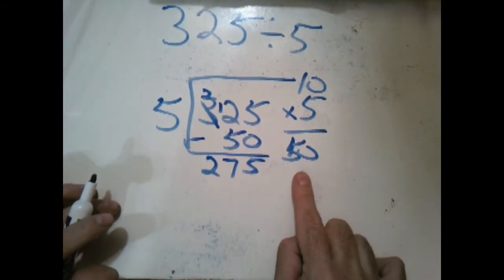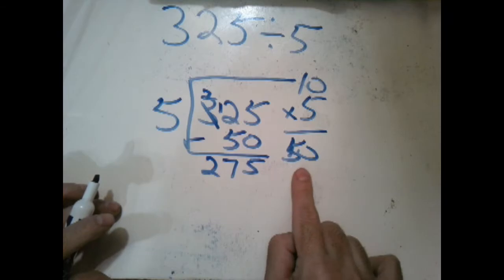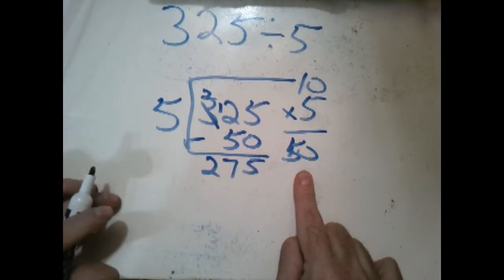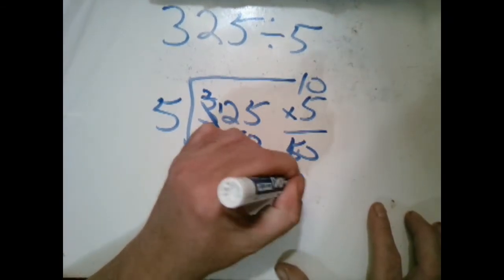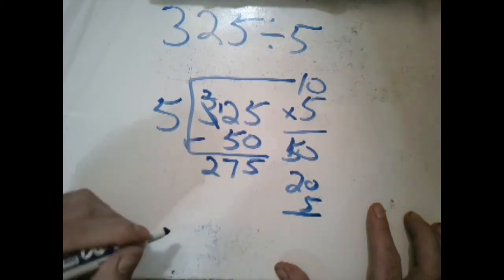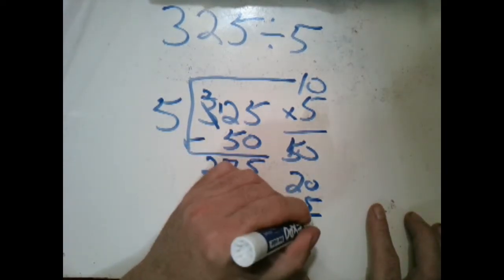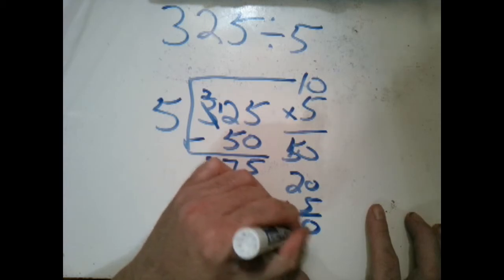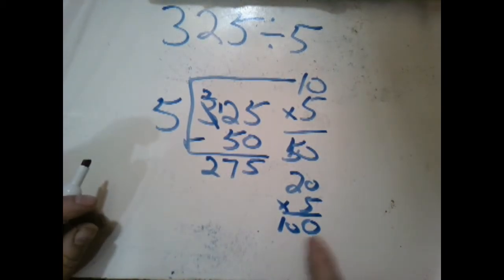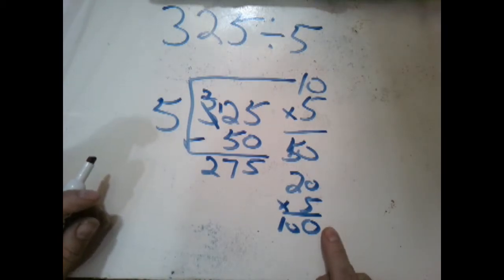So let's go a little bit bigger. I know that is just 50, so let's use a bigger number. Let's say 20 times 5. Well, that would give me 100. Take that 100 out of there, because now I used another part of that quotient, that answer.